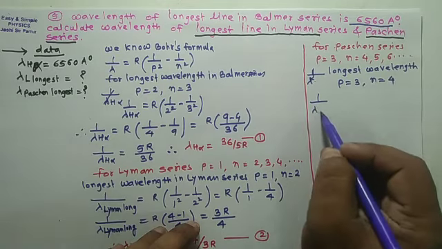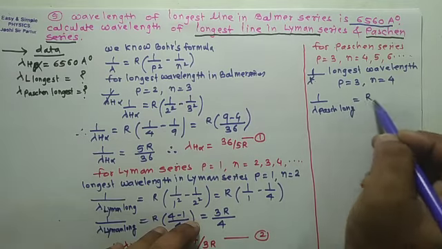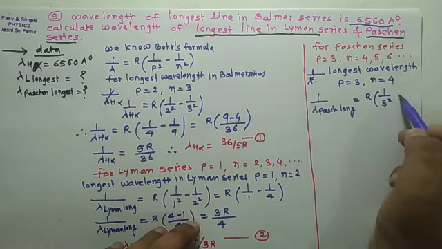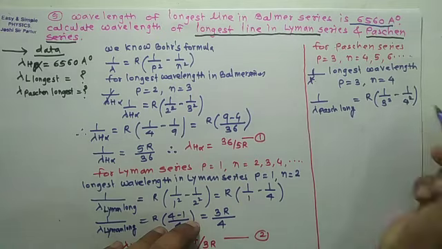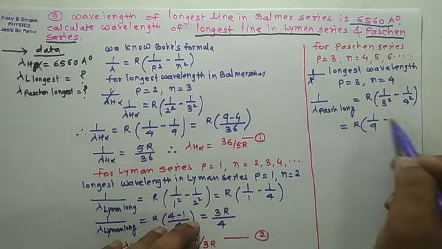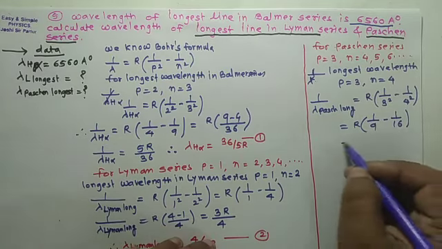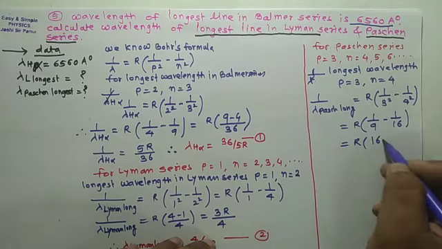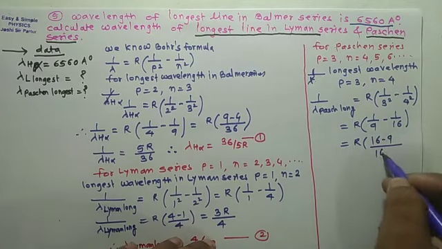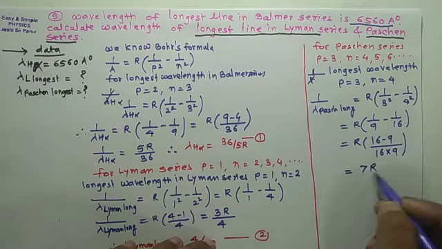So 1 upon lambda Paschen longest is equal to R in bracket 1 upon 3 square minus 1 upon 4 square, which means R in bracket 1 upon 9 minus 1 upon 16. Cross multiplying, R in bracket 16 minus 9 upon 16 multiplied by 9, which is 7R divided by 144.